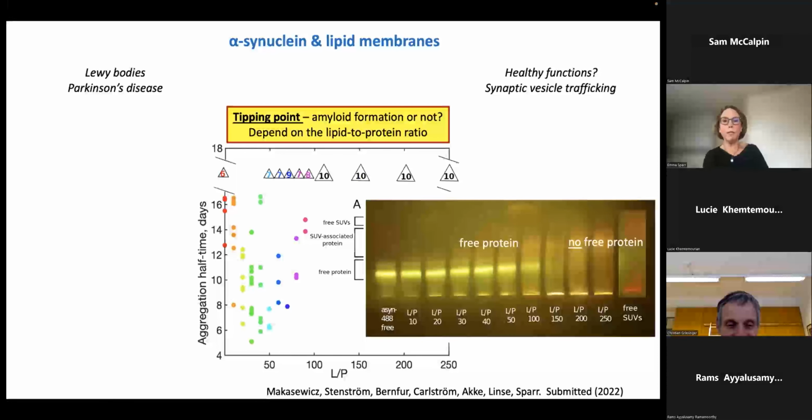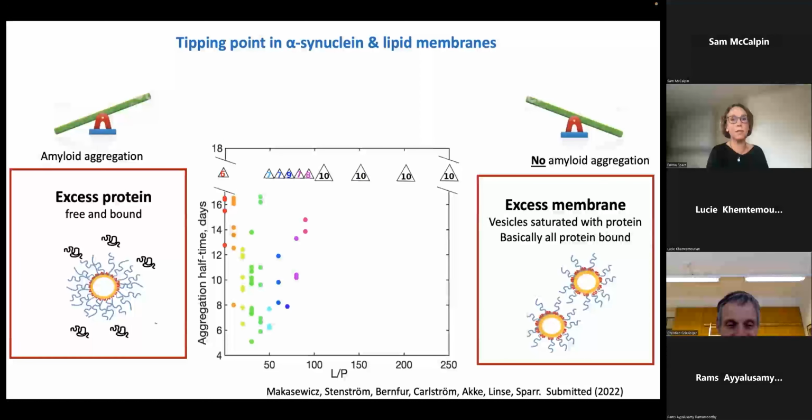What we can also see is that in all the lipid-protein ratios where we see aggregation, there is free protein detected in the solution, as seen from this agarose gel, this bright band here. But in the other cases, there is no free protein. So in the conditions where we have no aggregation, there is no free protein. To summarize this tipping point: at low lipid-to-protein ratio, we have bound protein and free protein.